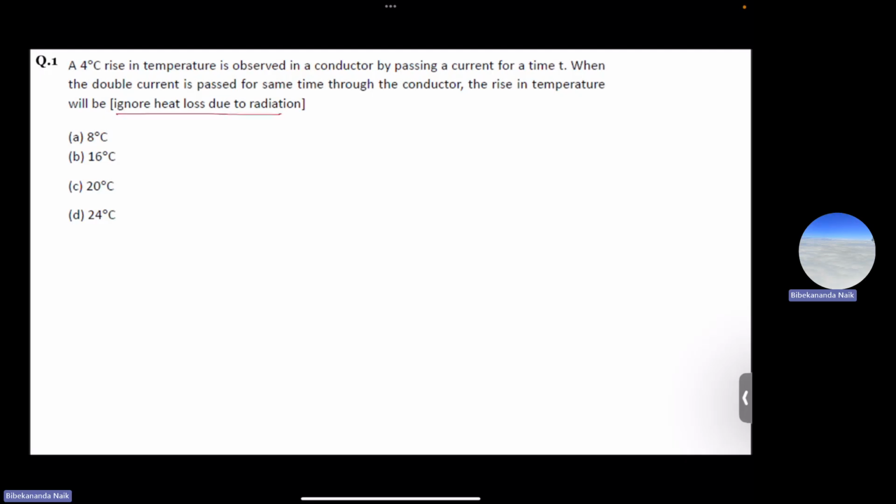So we will ignore the heat loss due to radiation. Options are: option A, 8 degree Celsius; option B, 16 degree Celsius; option C, 20 degree Celsius; and option D, 24 degree Celsius. This is based on the concept of the mechanical or electrical equivalent of heat.